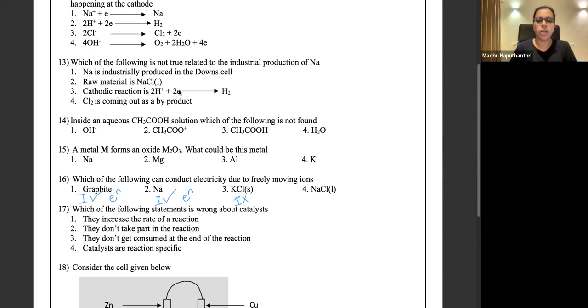So understand, ions are there. Since ions are not free to move, this is not conducting electricity. Sodium chloride liquid can conduct electricity, and it's because of the ions. Sodium chloride liquid means the molten state. The sodium chloride lattice is broken to Na plus and Cl minus. So the one that can conduct electricity due to freely moving ions is sodium chloride.